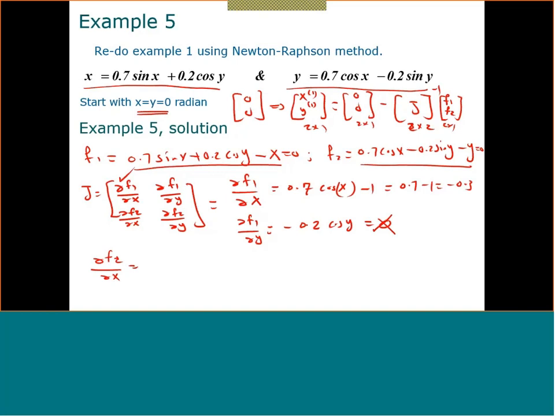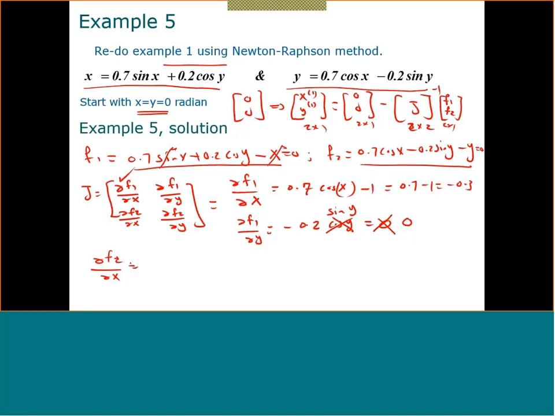So we need to take the partial derivative of f1 with respect to y. When you take it with respect to y, it is minus 0.2 sine of y. Sorry. So when we take the partial derivative of this one with respect to y, this goes to 0, this goes to 0, and this becomes minus 0.2 sine of y. When you substitute, this becomes equal to 0. Okay, hopefully this is clarified.